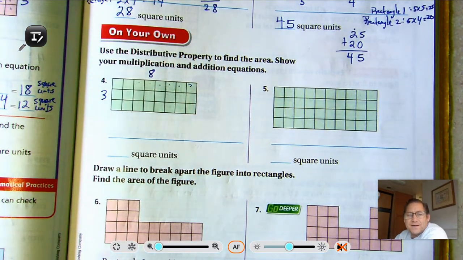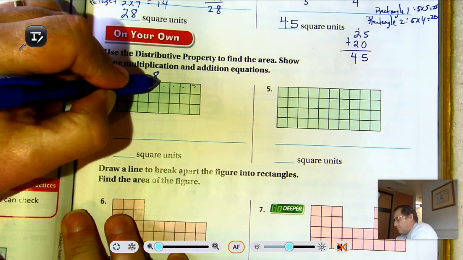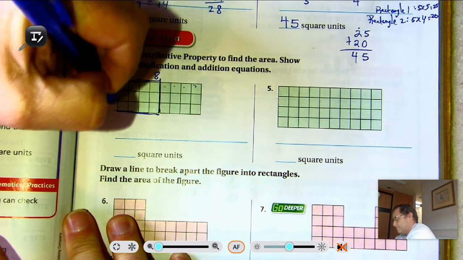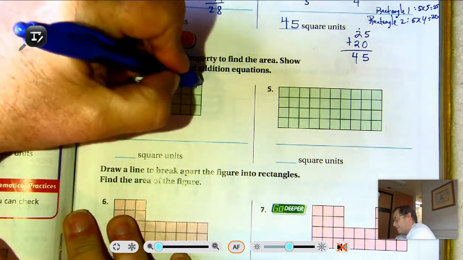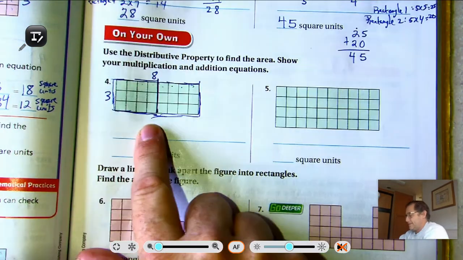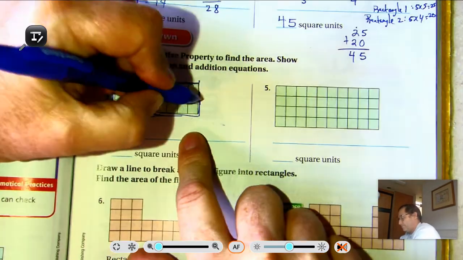What are some ways we could break up 8 into a nice number to multiply? How about 3 times 4 twice? 1, 2, 3, 4. I divide it this way. Right? So I split it into 2 rectangles of 3 by 4.